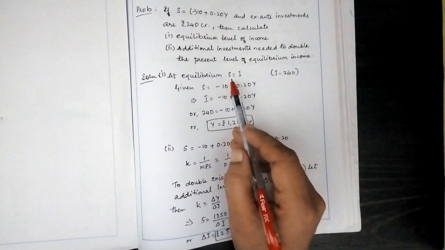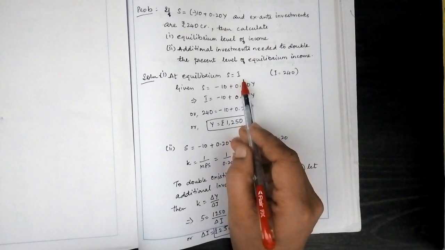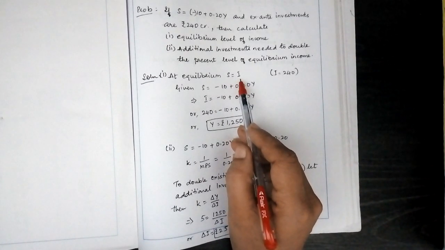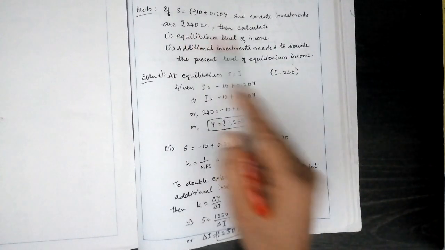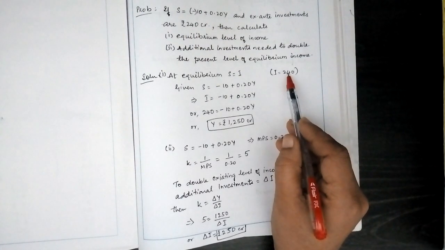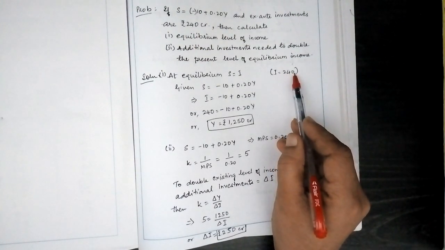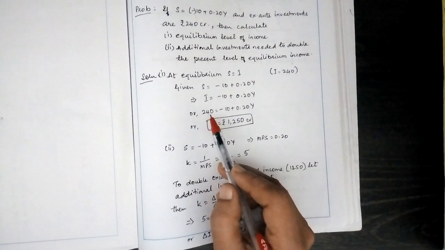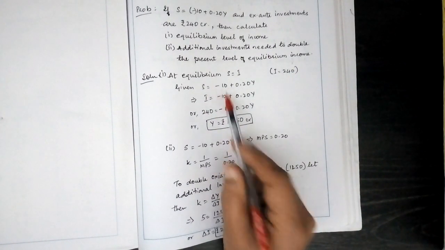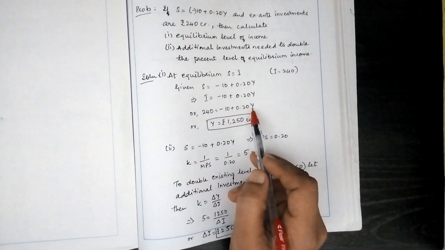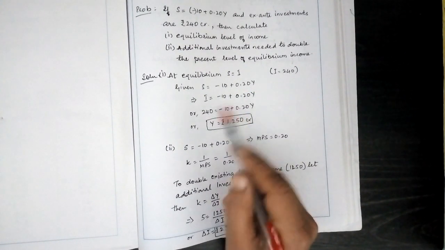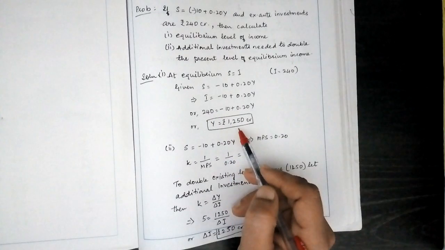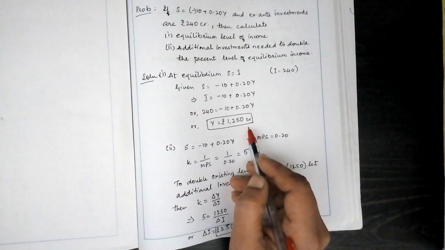At equilibrium, we know S is equal to I. Remember the S-I approach. And we are given I, ex ante investment, equal to 240. So what is the value of S? 240. So put 240 in place of S in S is equal to minus 10 plus 0.20y. So y will be equal to, rearranging, y is equal to 1250 crore.